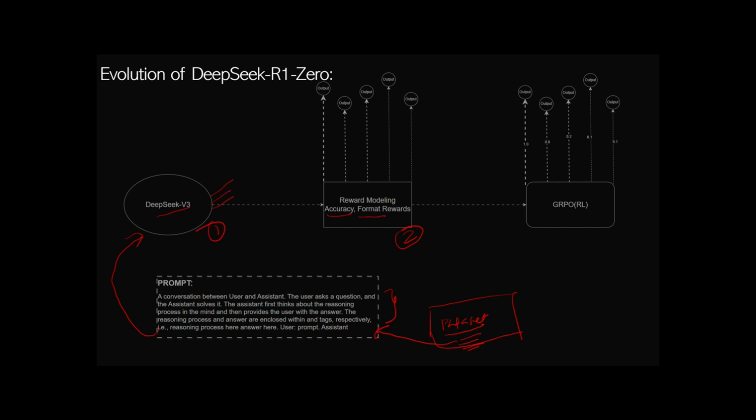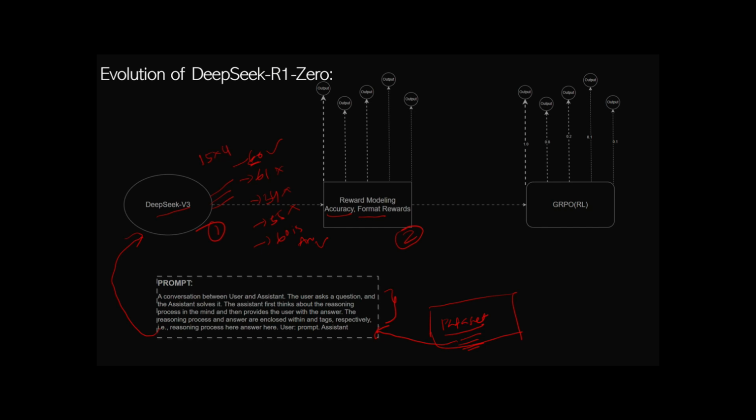Basically, if you ask the question, what is 15 multiplied by 4, and the DeepSeek V3 model comes up with different outputs like 60, 61, 54, 55, and 60 is the answer, then based on the accuracy of the output, reward modeling will assign a reward score. So this will get a high reward, and the others will get a low reward, or comparatively less reward.